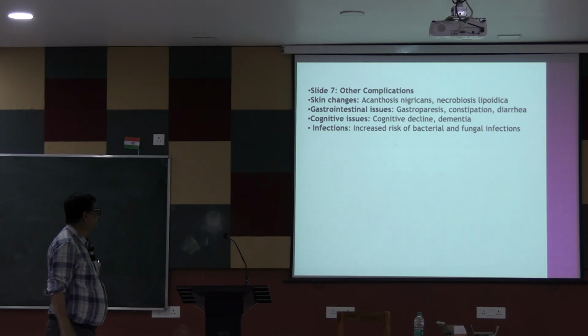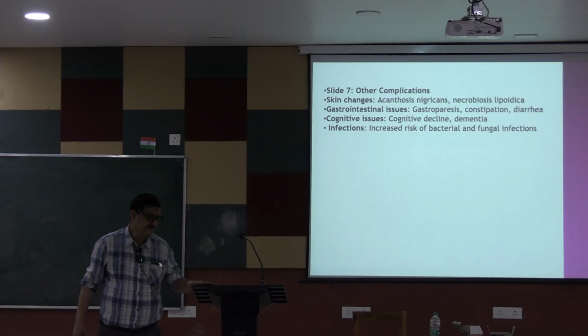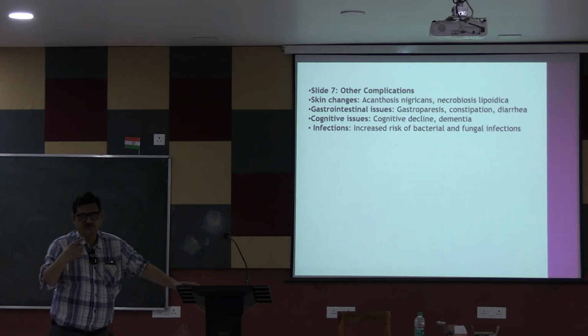Infections, increased risk of bacterial and fungal infections. Diabetes is a multi-system disease and immunocompromising, because whenever there is infection, our bodies start fighting it through an autoimmune response and neurological response. Both autoimmune and neurological aspects are hampered in diabetes. So, it is an immunocompromised state when the patient has an uncontrolled blood sugar level.